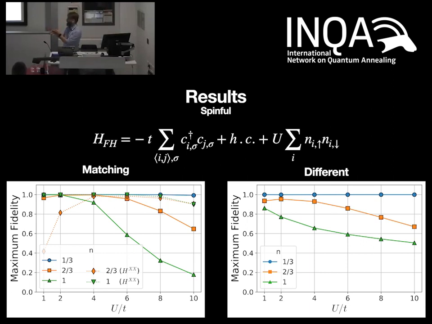We'll have the possibility of initializing our lattice so that if we fix the number of particles, there is a double occupancy, or there is no double occupancy of particles on a given site. And the matching means that there is a double occupancy, and different means that there is no double occupancy here.